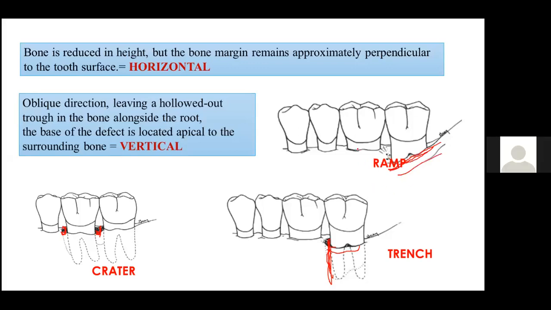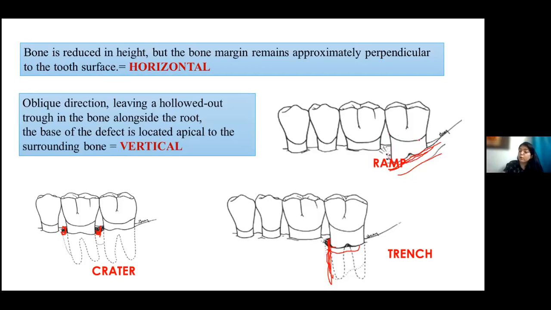Mostly it is on the distal of the last tooth or posterior tooth, because of the morphology of the tooth or the alignment of the tooth. It's not necessary that it will only be on the distal tooth, but commonly we see that because of the alignment of the tooth. The ramp can be anywhere otherwise, but most commonly it will be on the distalmost.